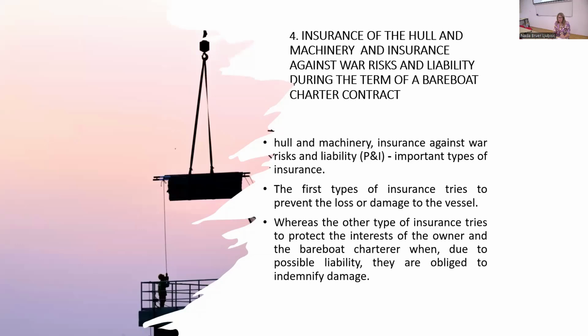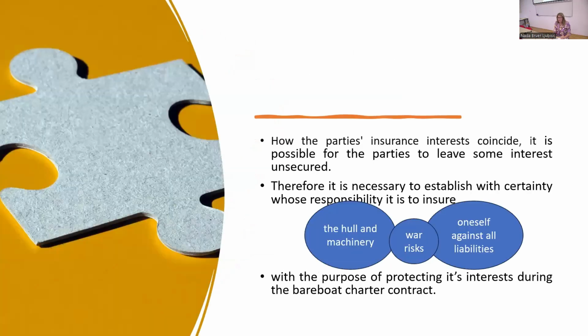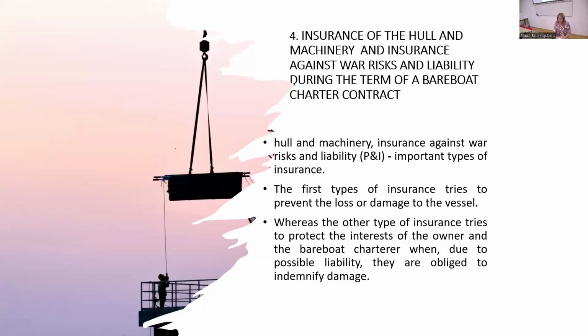The first type of insurance tries to prevent loss or damage to the vessel, and the other type tries to protect the interest of the owner and the bareboat charterer when, due to possible liability, they are obliged to indemnify damage.